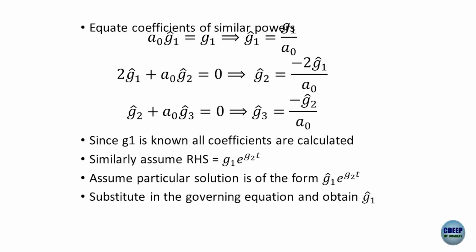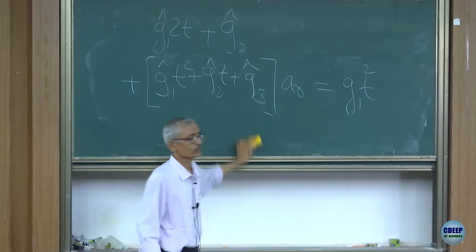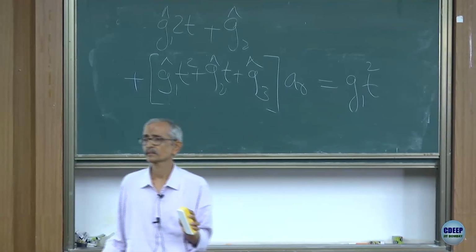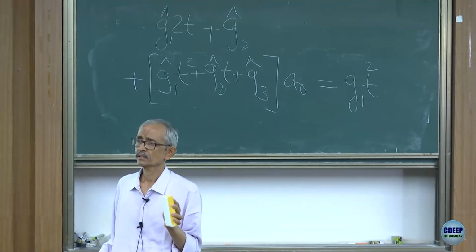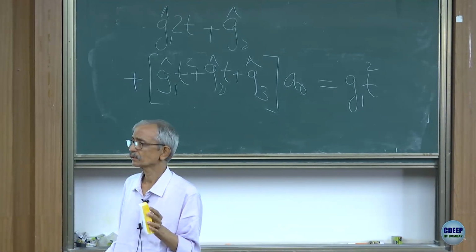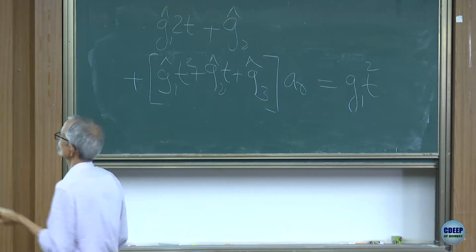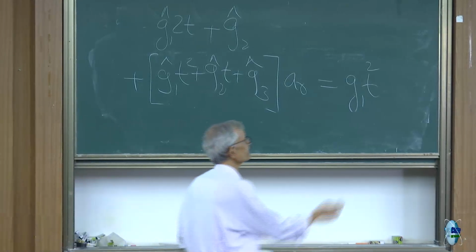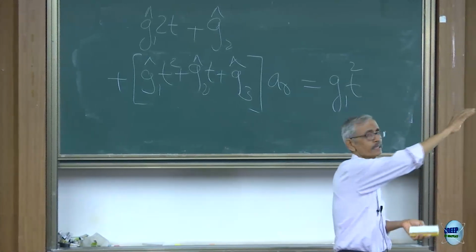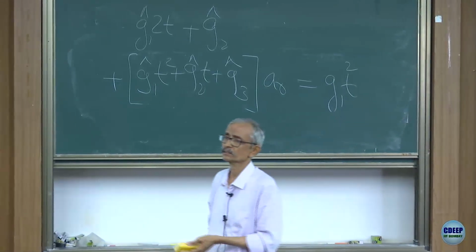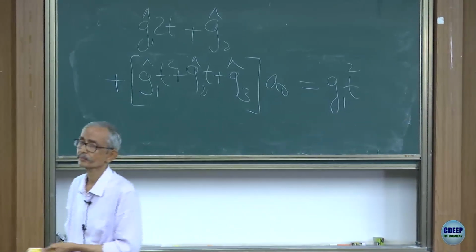And what would I do next? What would be the next step now? Equate the coefficients of t and the constant terms, and then you will get those equations and go ahead and get the other coefficients, okay?